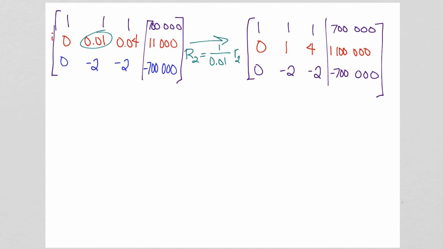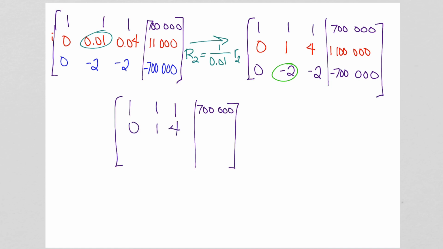Now we need, guess what? A 0 right there. So, we're done with row 1. We're done with row 2. And we need a 0 in this second spot.